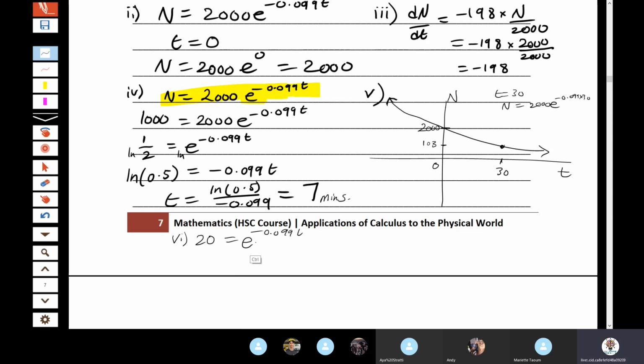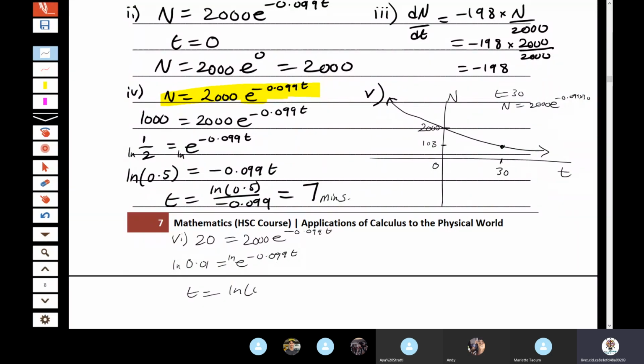Oh, sorry, that was meant to be a 2000 in front of it, wasn't it? 2000 e to the negative 0.099 t. All right, beautiful. So we'll just do the same thing again. 20 over 2000. I think you guys, if you remember this from last week, it starts to get pretty repetitive once you get used to the work. You log both sides, divide by this guy, divide by negative 0.099.